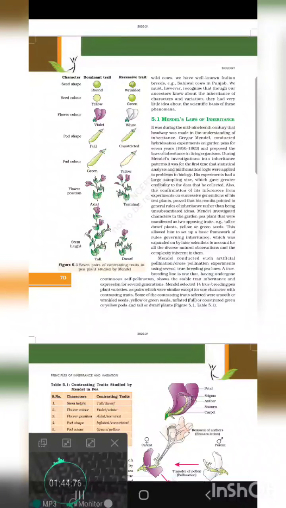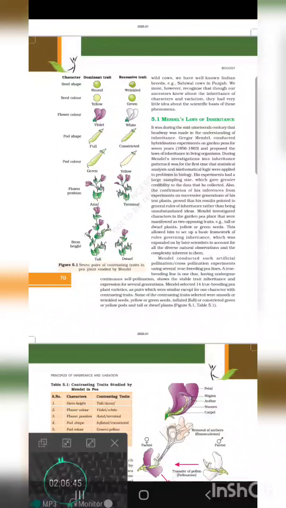Example, tall or dwarf plants, yellow or green seeds. This allowed him to set up a basic framework of rules governing inheritance, which was expanded on by later scientists to account for all the diverse natural observations and the complexity of inheritance in them.